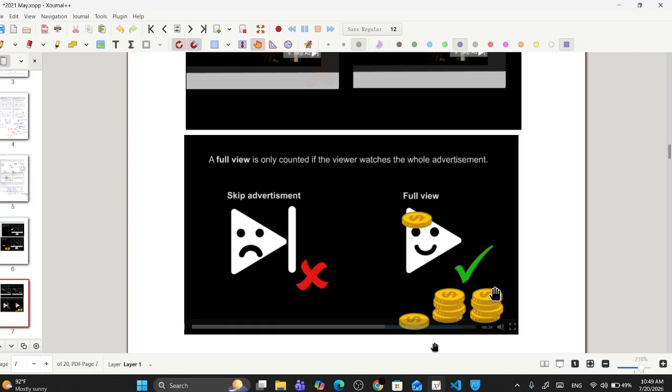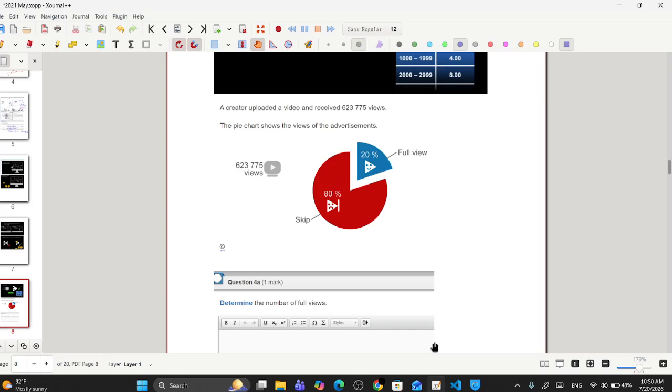Here is an example. For every 1,000 views, creators earn $4. A creator uploaded a video and received 623,775 views. The pie chart shows the views of the advertisements. Determine the number of full views.